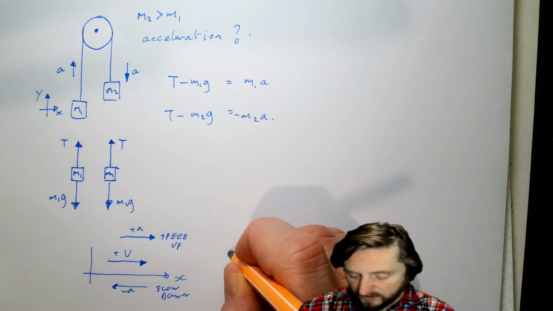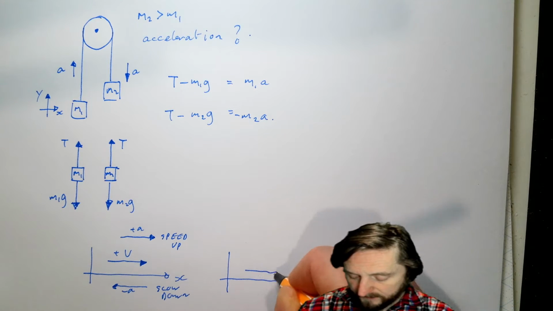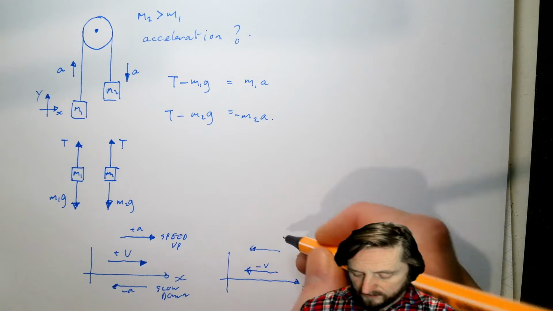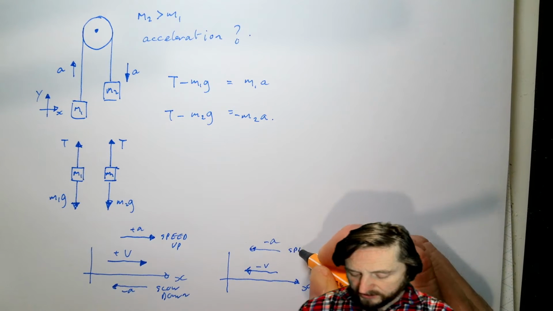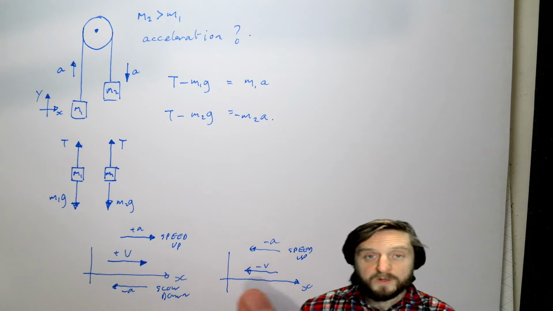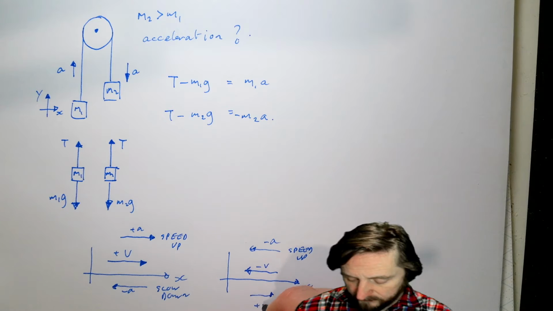But if the thing was going in the other direction, if the thing was going like this with negative velocity, then negative acceleration would mean speeding up, because it's already going negative. This is making it go more negative, and this would be slowing down.